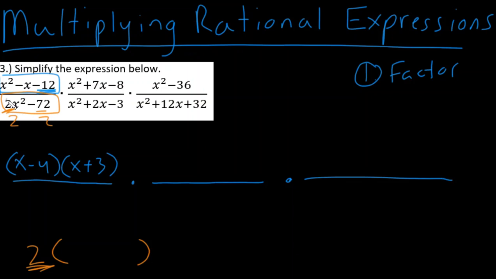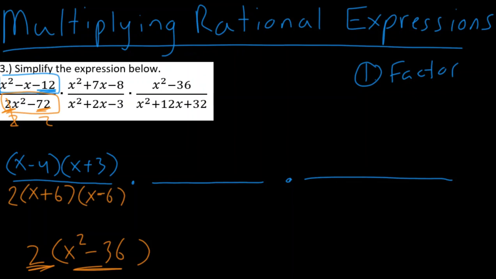Well, 2x squared divided by 2 is simply x squared, and negative 72 divided by 2 is negative 36. Most of you are aware that we can factor x squared minus 36 as a difference of squares. It's going to be x plus 6 and x minus 6.